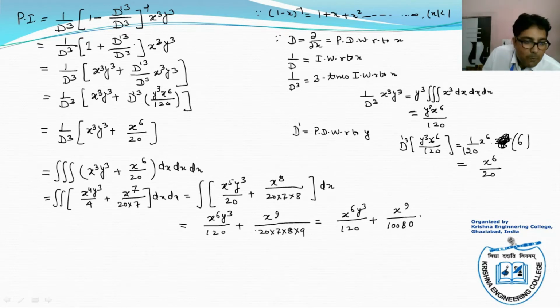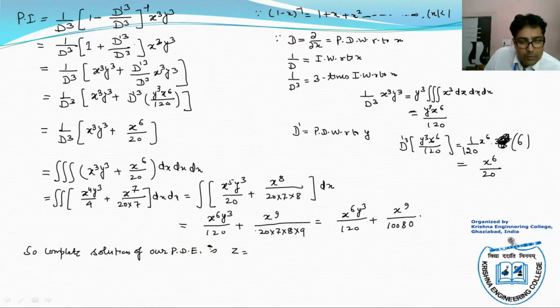So the complete solution of our PDE is z is equal to CF plus PI.